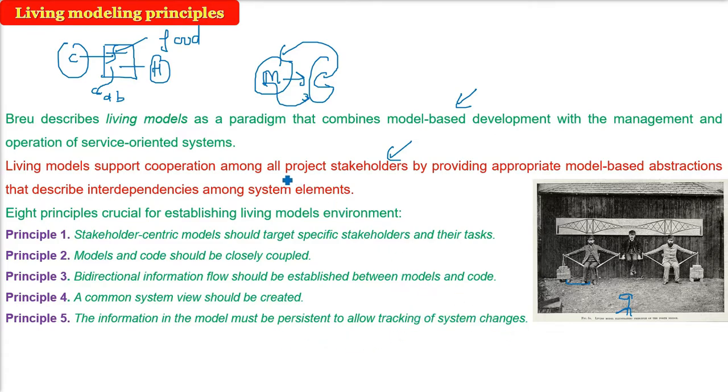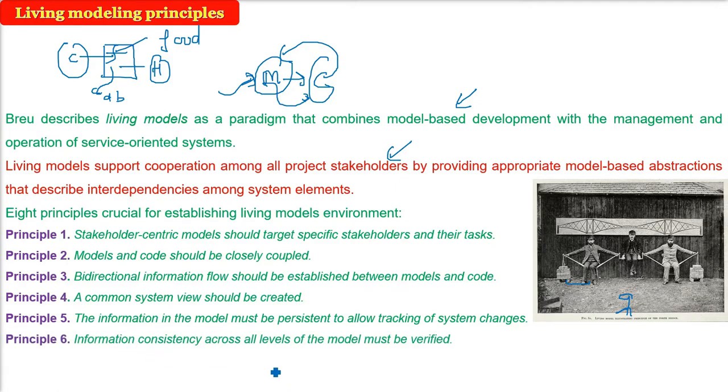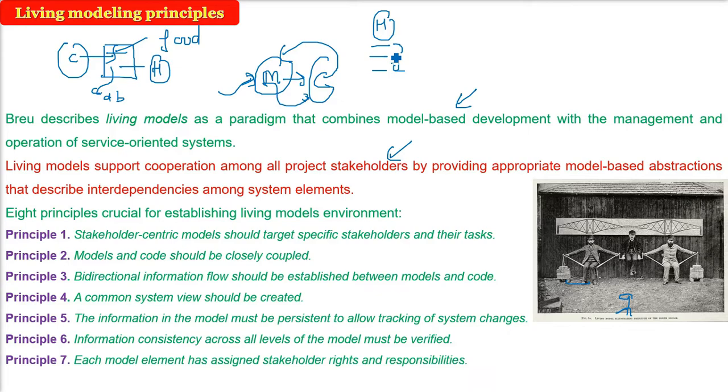Now the model is being made, and there are certain changes. What the change is, you might already know even before making the model, and you have already catered to it. Information consistency across all levels of the model must be verified. So every model should be consistent, for the customer or the hotelier or the delivery boy. Each model element has assigned stakeholder rights and responsibilities.